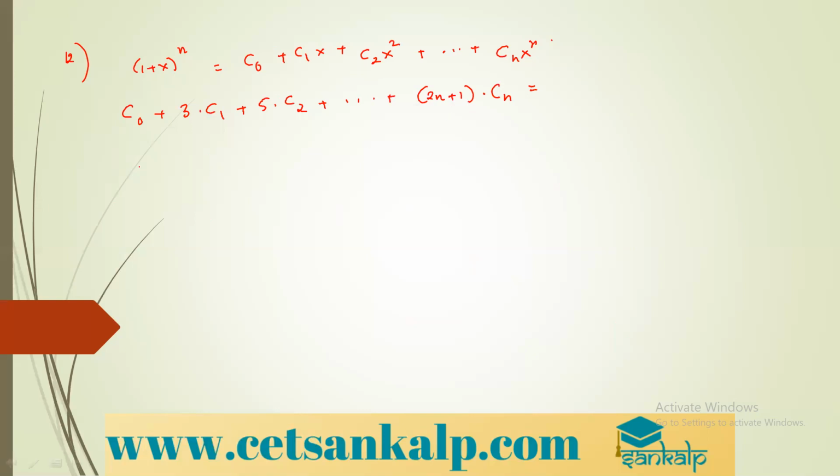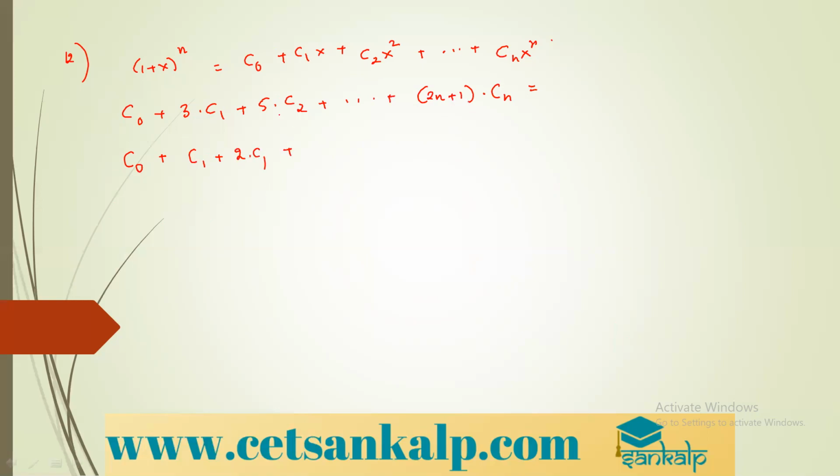So in order to find this, we have to follow some logic. What is this logic? I will tell you. I will write C0, 3C1, I will take 1C1 and the other one 2C1.